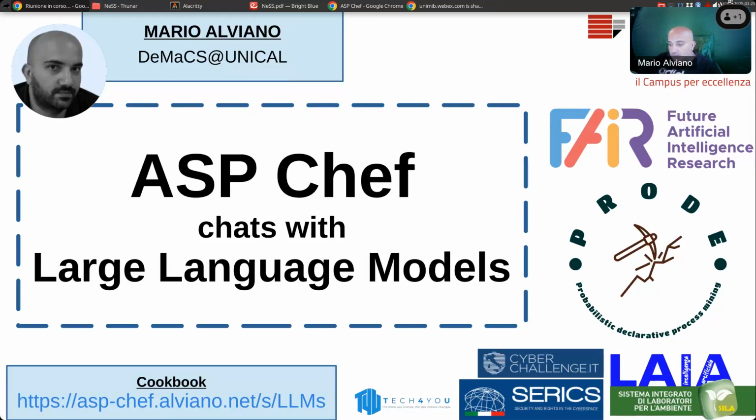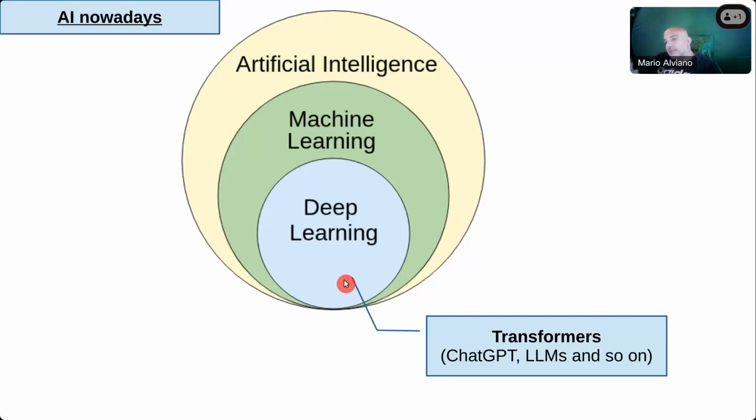So feel free to explore. The idea of this presentation is to introduce this integration. It's mainly set up as a tutorial, but let's see how much we can cover in 1 hour.